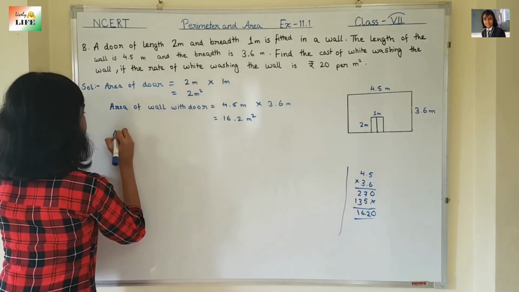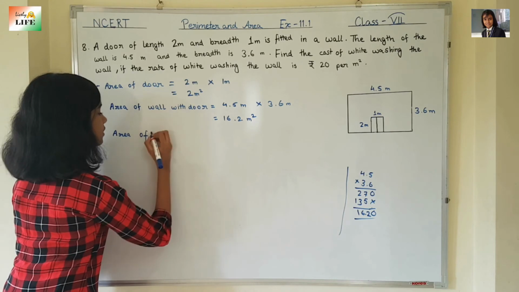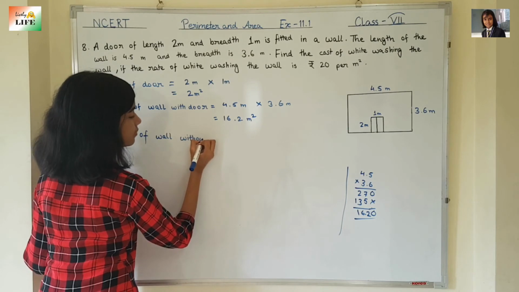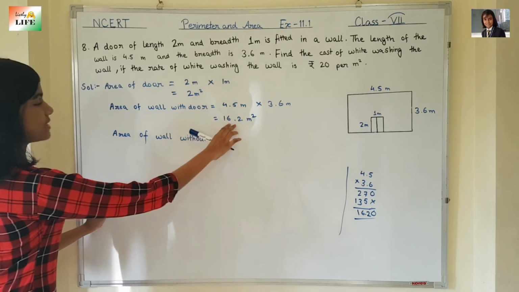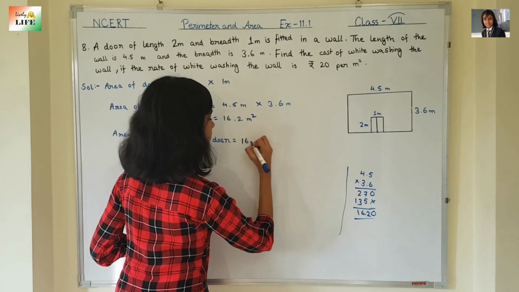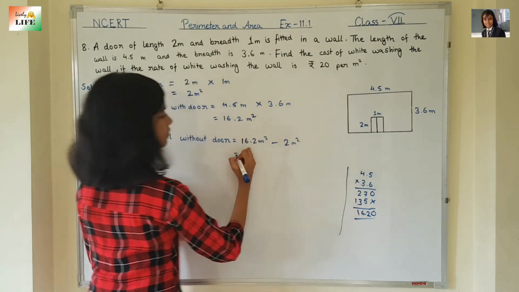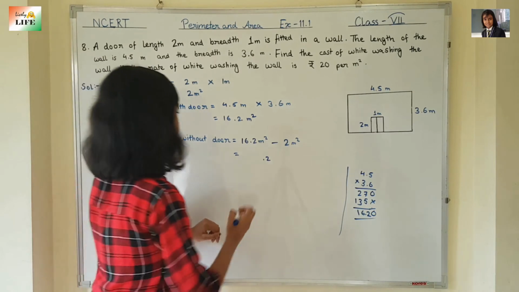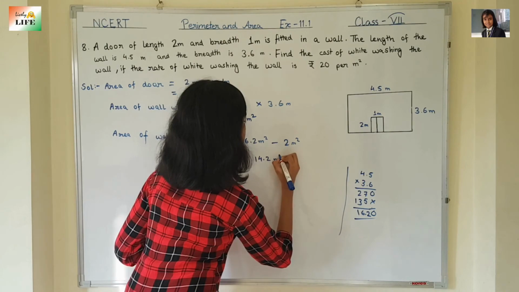The area of wall without door is 16.2 meters square minus 2 meters square. 6 minus 2 is 4 and 1. 14.2 meters square.